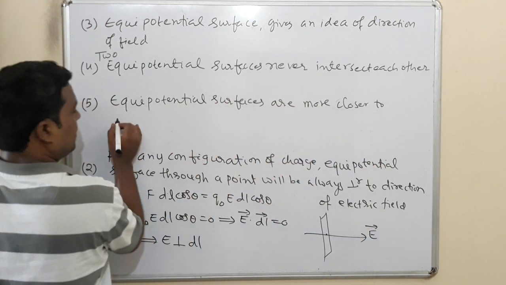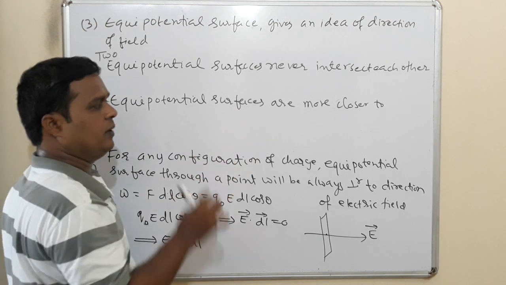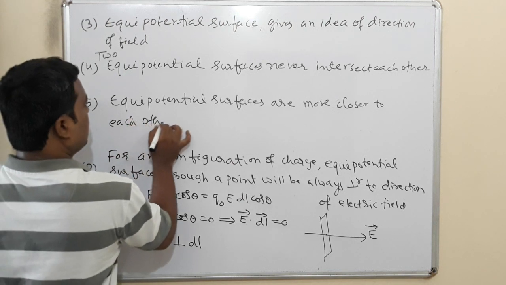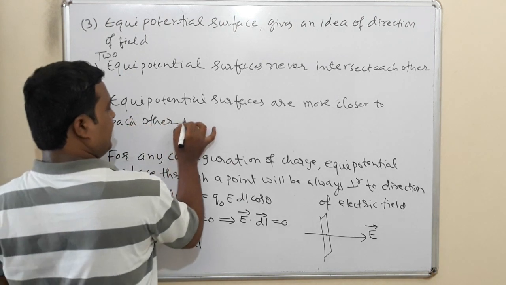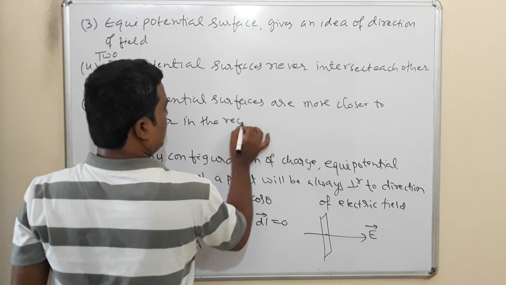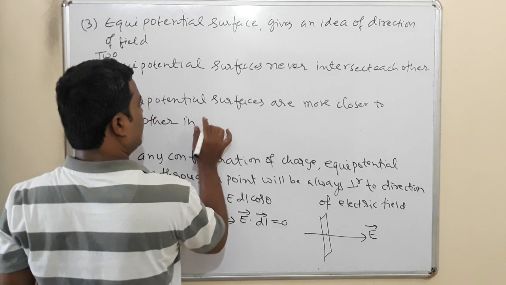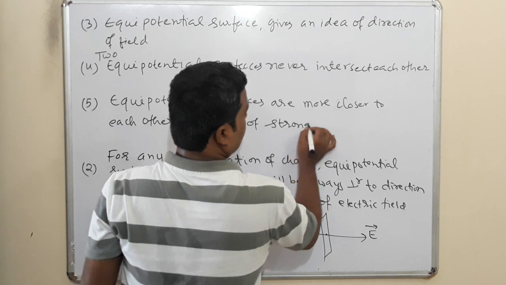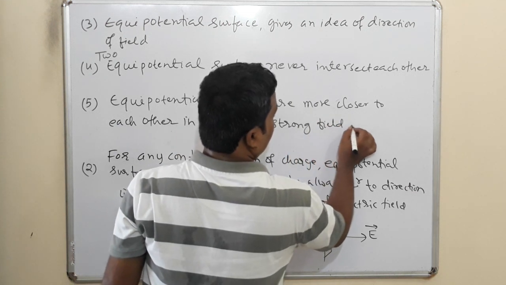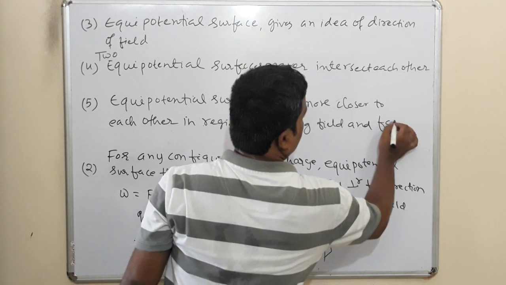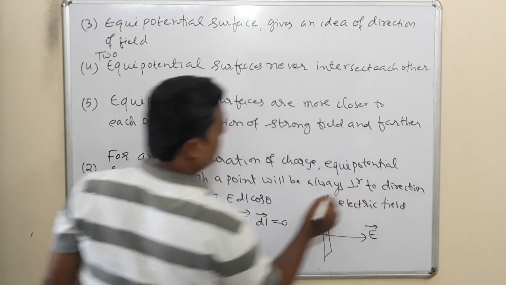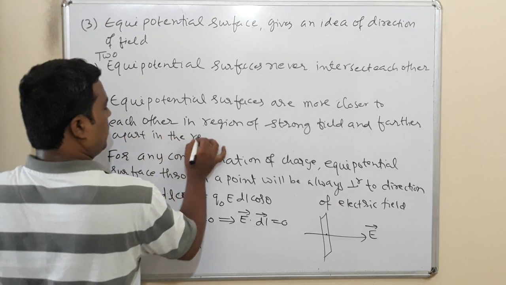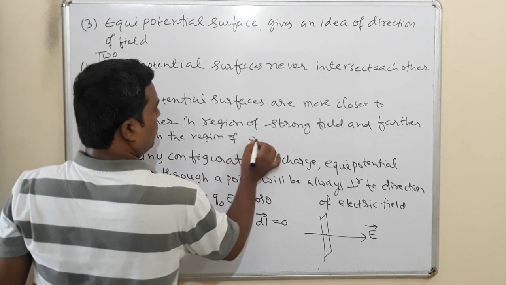This property is very important. In drawing the equipotential surfaces, they are closer to each other in the region of strong field, and they are further apart, away from each other, in the region of weak fields.